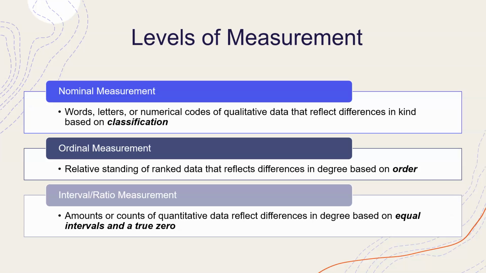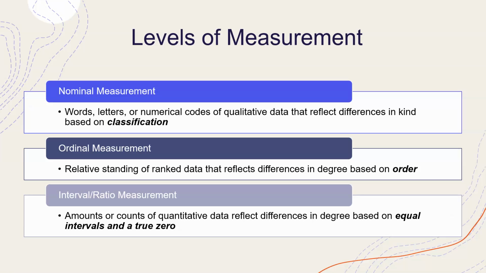In general, there are three levels of measurement: nominal, ordinal, and interval or ratio, and these levels are paired with qualitative, rank, and quantitative data, respectively.